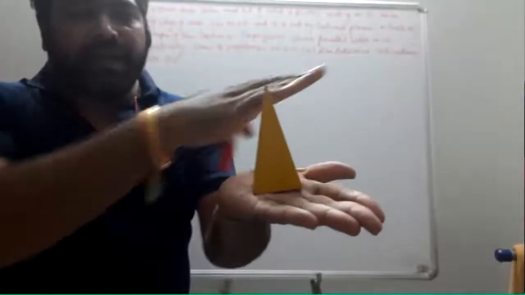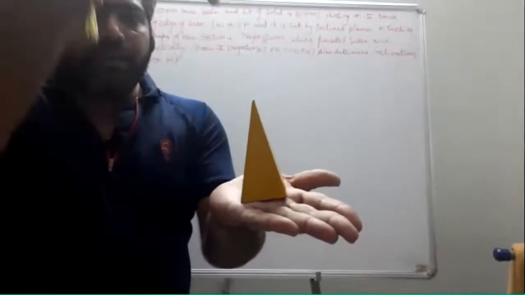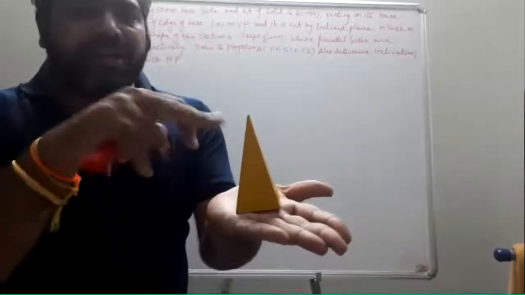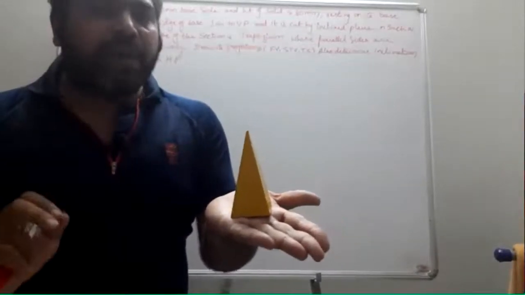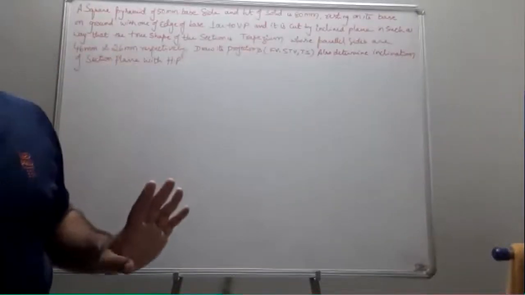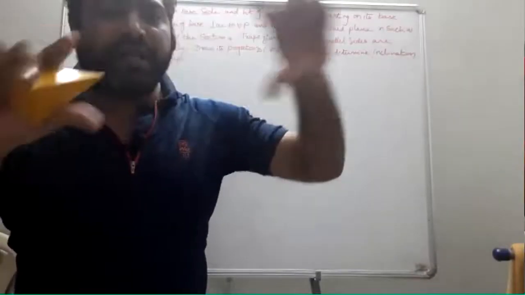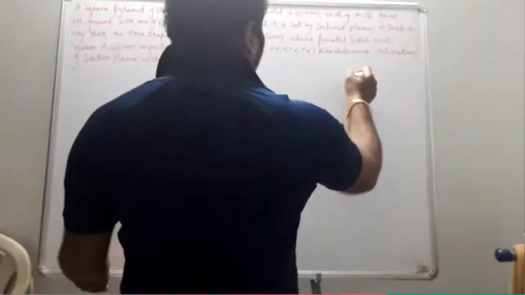This cutting plane is supposed to cut your solid in such a way that when you see it from the top, the section shape is a trapezium, with parallel sides 46 and 26. A trapezium has one larger side and one shorter side. So it should become like this.